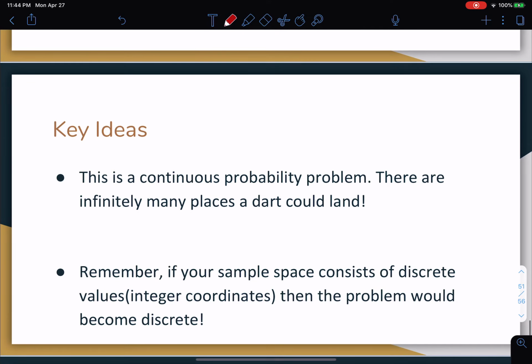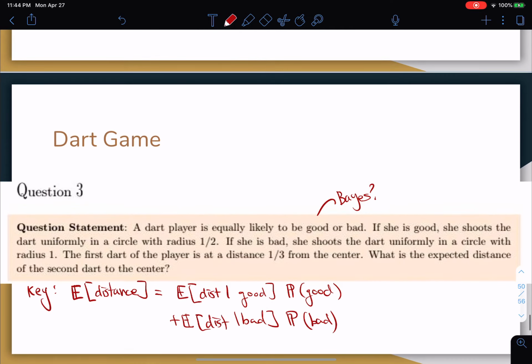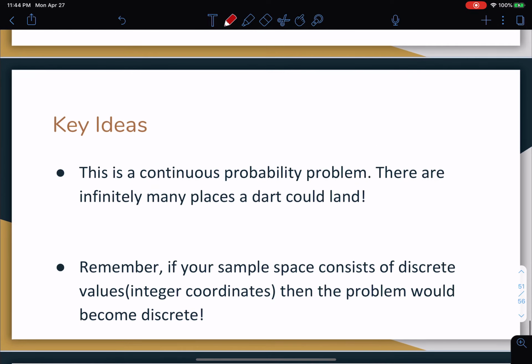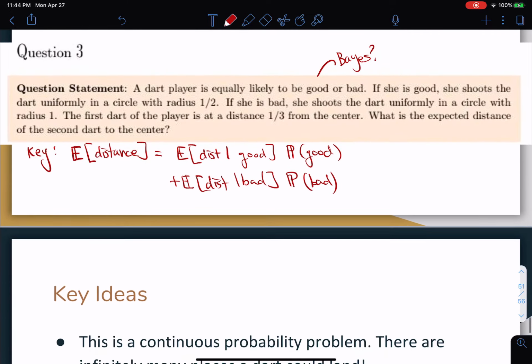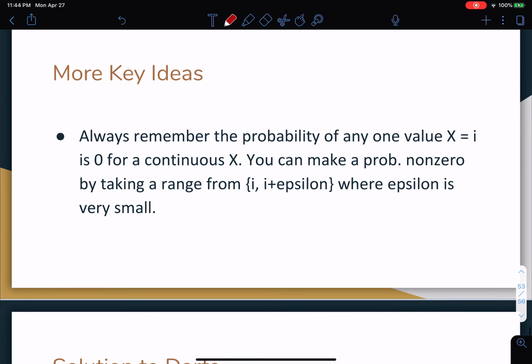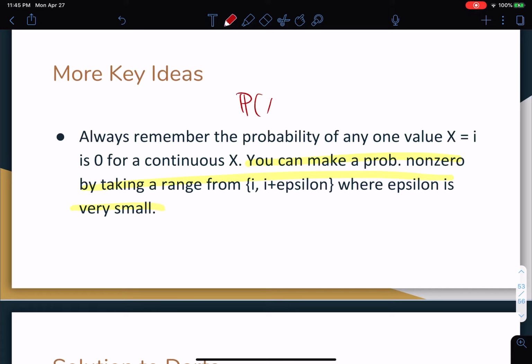Some more key ideas. This is a continuous probability. There are infinitely many places our dart could land, so don't think about this as a discrete probability problem. It's not integers. It's all the real numbers. More key ideas: you can make a probability non-zero by taking a range from x to x plus epsilon. Whenever you try to define any probability, the probability that X is going to land at this specific spot is always going to be 0.